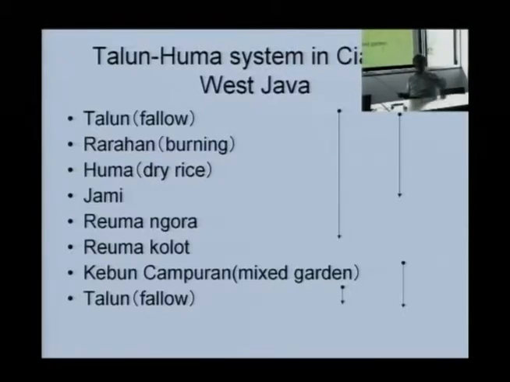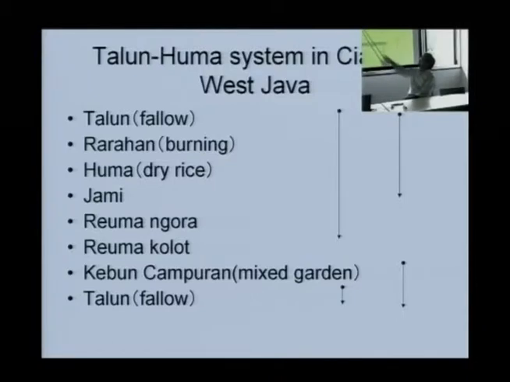Now there is no Swidden agriculture in Vietnam. But in Laos, we still find Swidden agriculture, but the government allocates small land to the people of Swidden agriculture. In the older type, only three stages: burning, dry rice, and some cereal crop, and fallow.